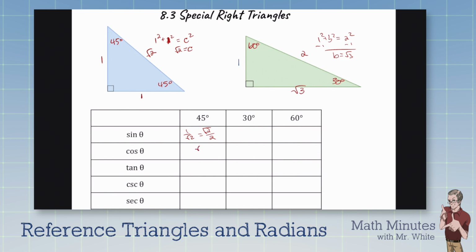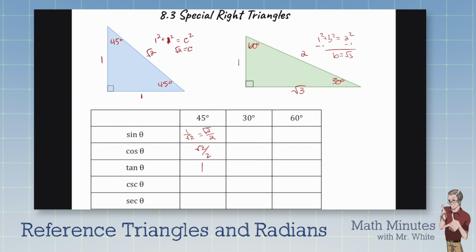And then the cosine is exactly the same on the 45. Now the tangent of a 45 is always 1 over 1. So the tangent of a 45 is 1.